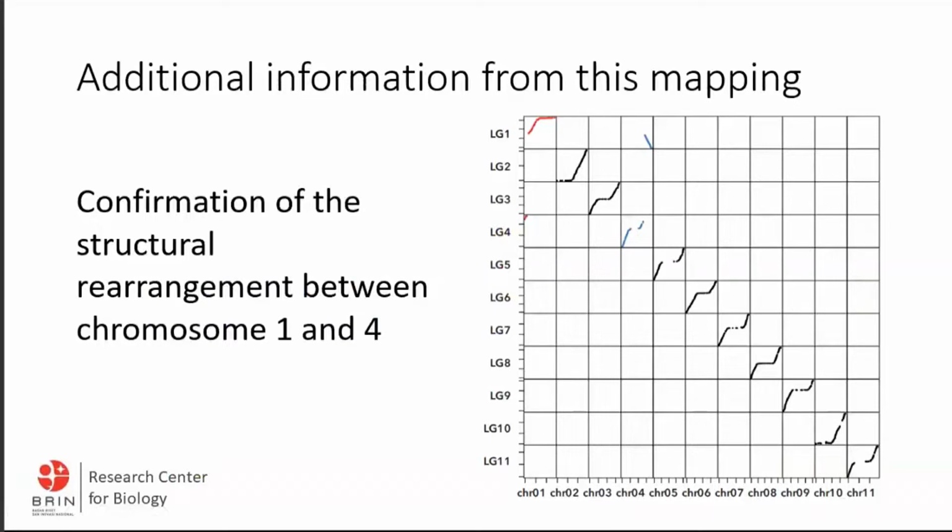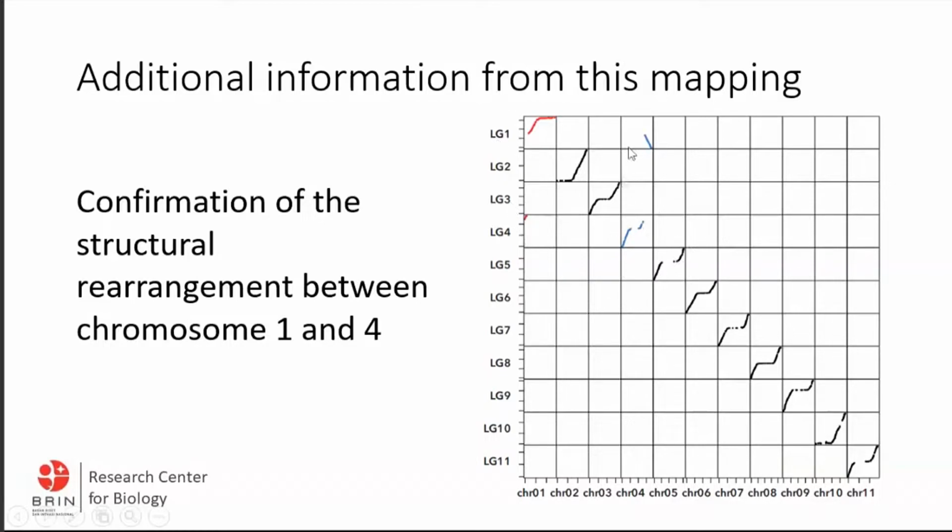From this work, we confirm there is a structural arrangement between chromosome 1 and chromosome 4. If you notice here, the blue is part of chromosome 4 and the red is part of chromosome 1.